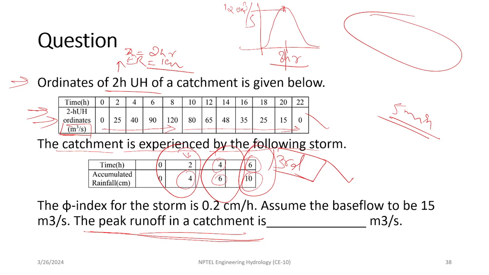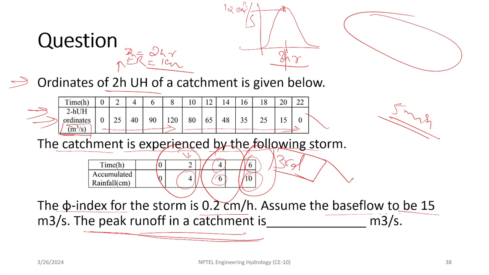And then they are asking the peak runoff in the catchment, taking the effect of all these 3 rainfall events, so we have to derive a unit hydrograph, right? One more thing they have given is the phi index, that means how much water is infiltrated. The rate of infiltration is given as 0.2 centimeter per hour, and the base flow has also been given.